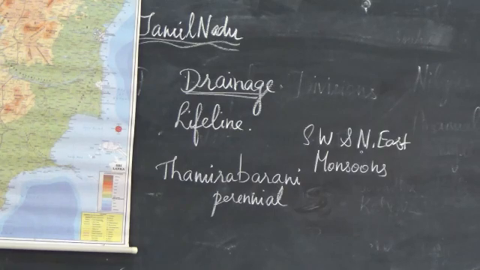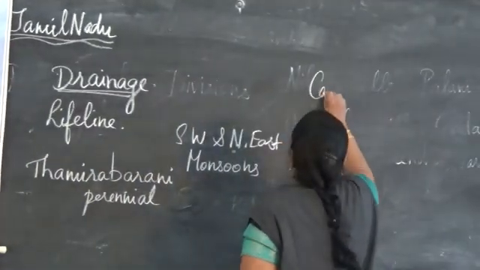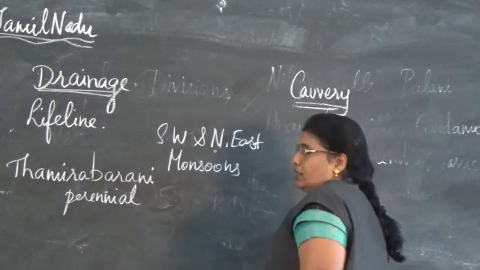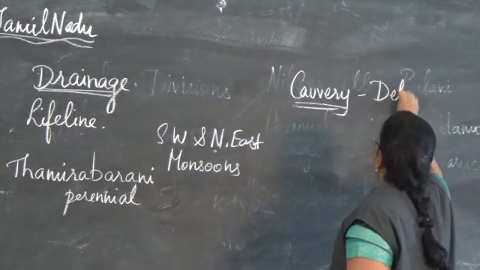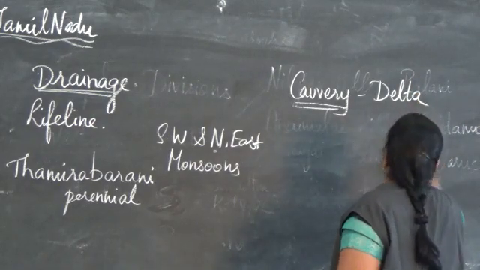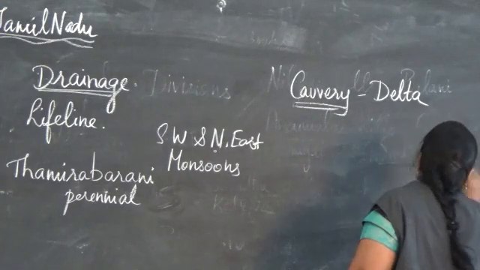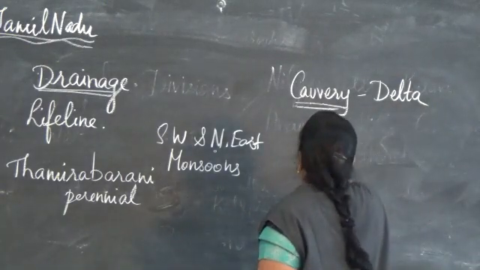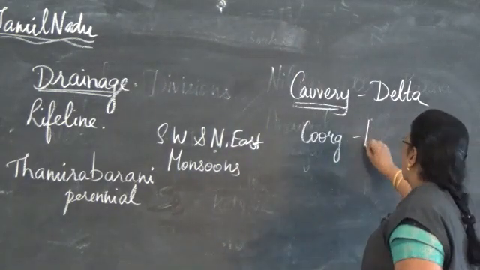First, we are going to focus on the river Kaveri. You know, it is the largest river in Tamil Nadu, and it has a very good delta that drains into the Bay of Bengal. Where does river Kaveri originate? It originates in the place Coorg in Karnataka.